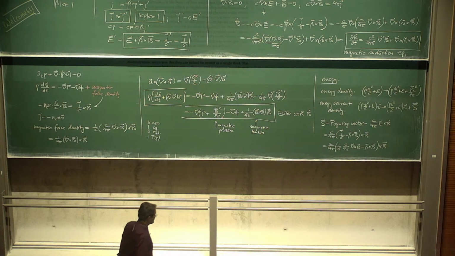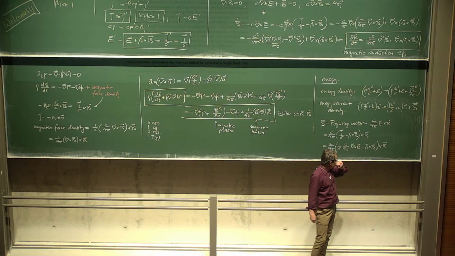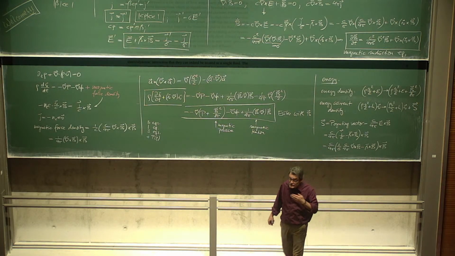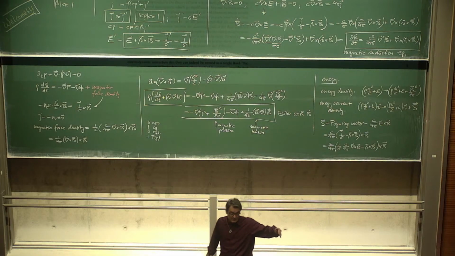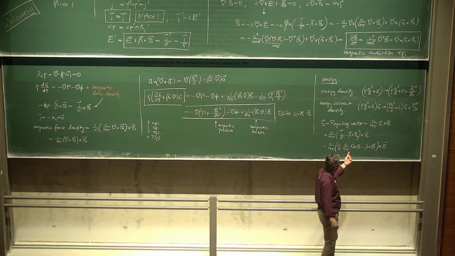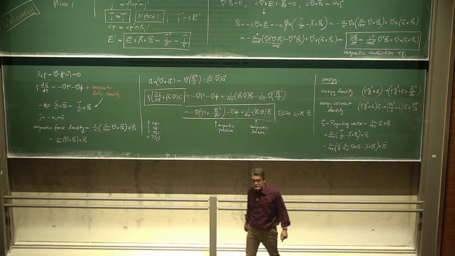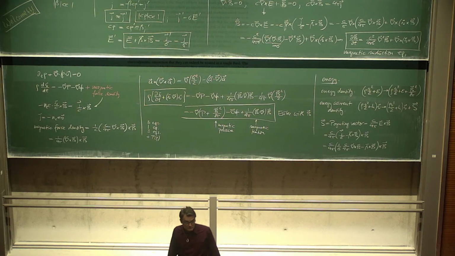That has a contribution that contains the gradient of the magnetic pressure. In other words, the magnetic pressure is going to drive part of the energy current in the magnetic field. That will contain a part that is proportional to the curvature of the magnetic field lines, the B times gradient applied to B term. So this means that also the tension in the magnetic field is going to drive energy through the plasma.